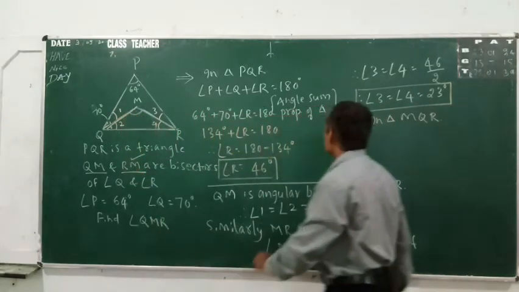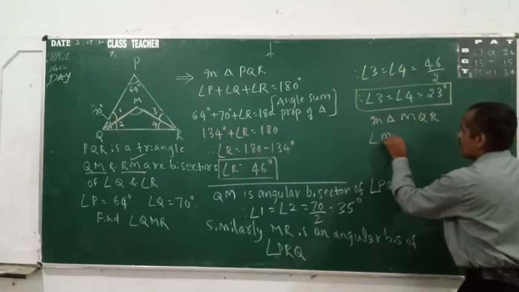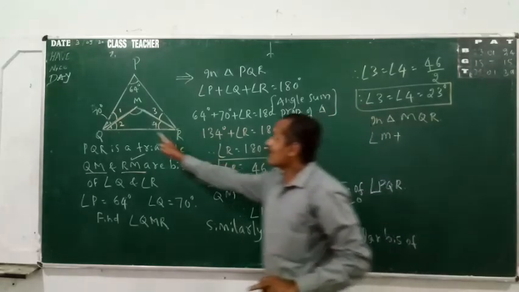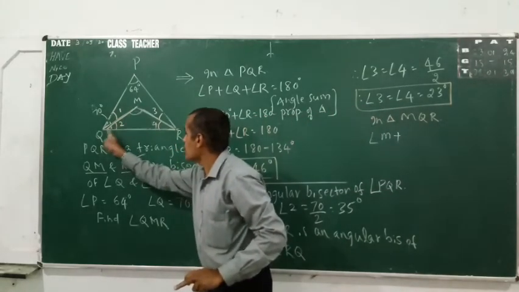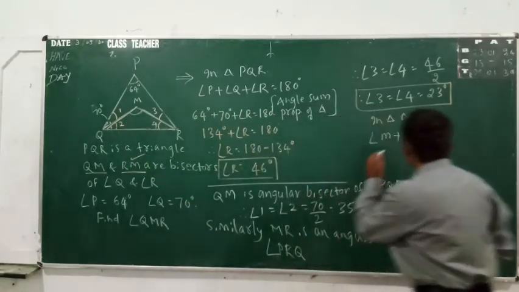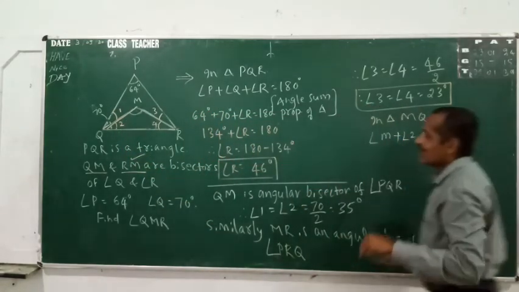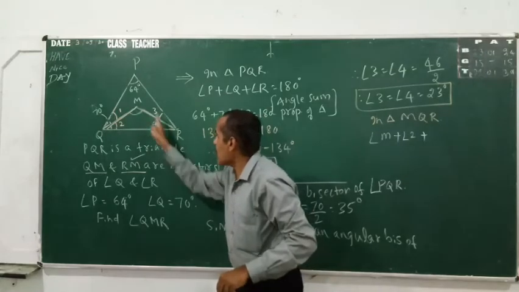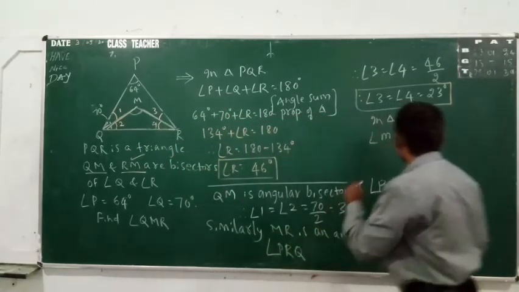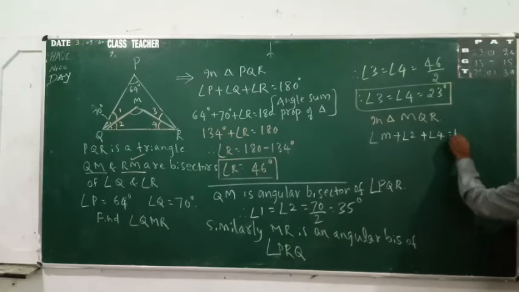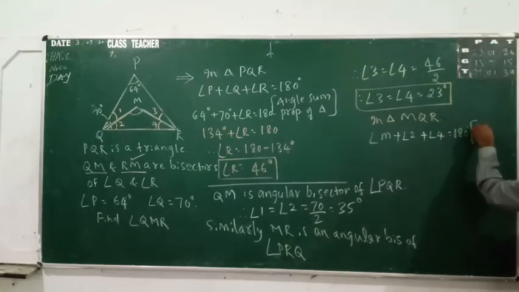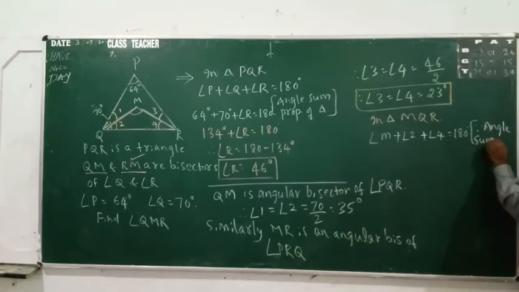For this angle, I will write angle M plus angle 2, which is angle MQR, plus angle 4, which is angle MRQ, angle 4, is equal to 180. The reason is the angle sum property of a triangle.